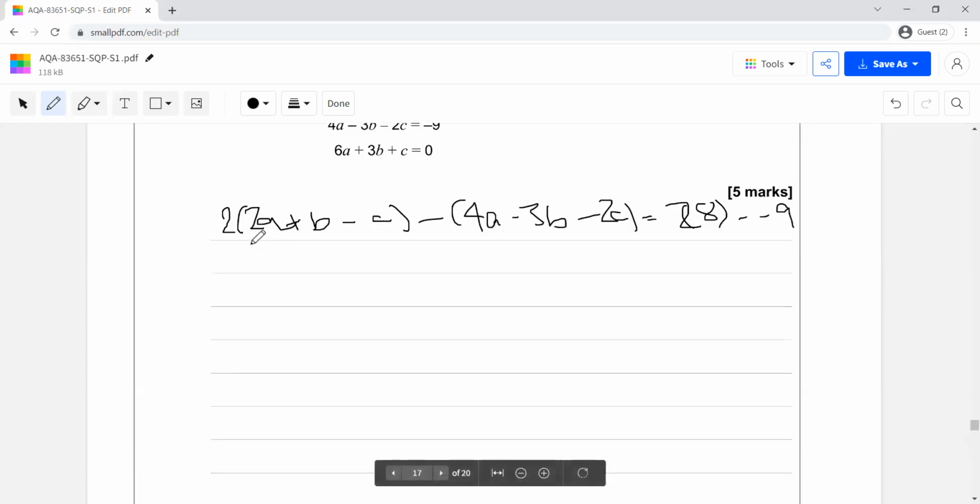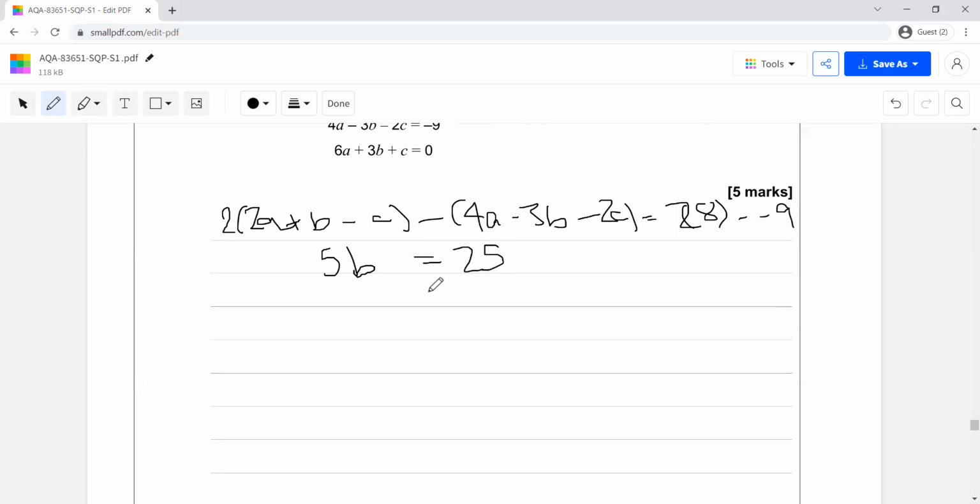So this means that 4a cancels out with this 4a. This 2b will stay, and we'll have a minus 3b, so we'll have a 5b. And the negative 2c over here cancels out, so when you subtract them it'll be 0. So 5b is equal to 25, so b is equal to 5.